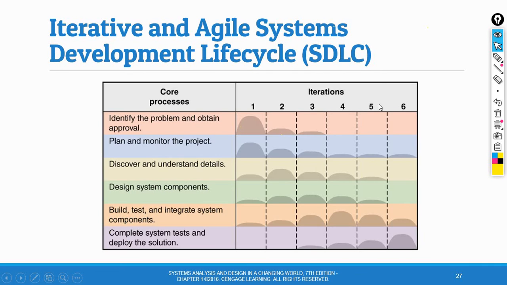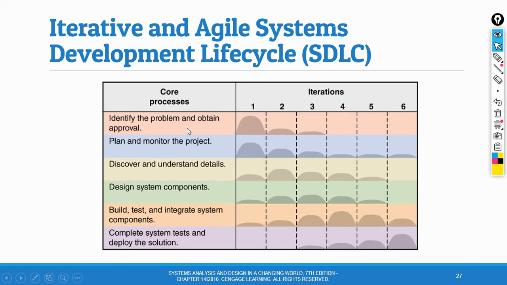This figure illustrates how an iterative project might be managed. Across the figure, you see 6 iterations as columns. Each iteration involves all 6 core processes as shown in rows in the table.